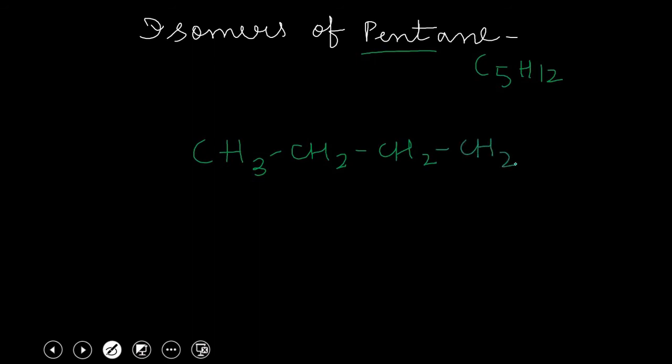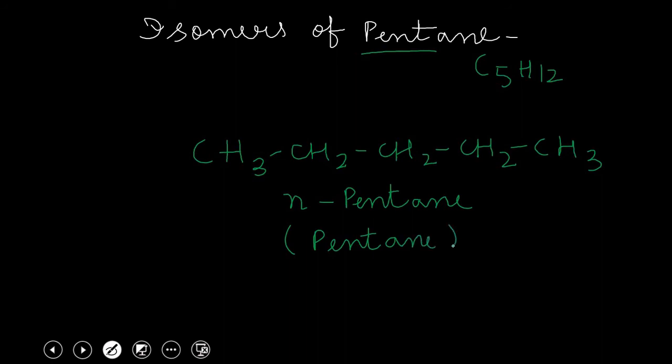So we have 4 carbon atoms till now, and the terminal carbon atom will have CH3. So the name of this compound will be, in the common system, it is called as N-pentane. N stands for normal pentane, or simply it is called as pentane. So this is the first isomer we have written.